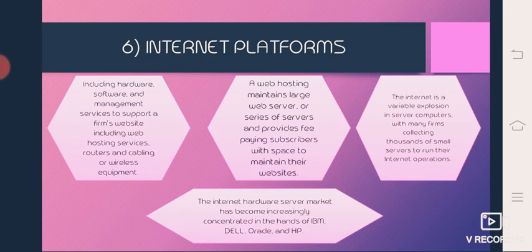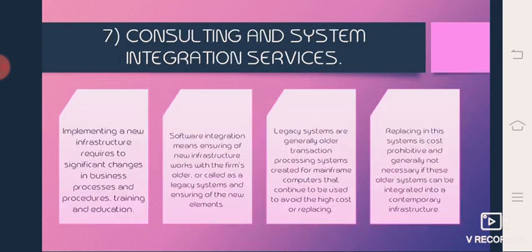The internet has seen a explosion in server computers, with many firms collecting thousands of small servers to run their internet operations. The internet hardware server market has become increasingly concentrated in the hands of IBM, Dell, Oracle, and HP.